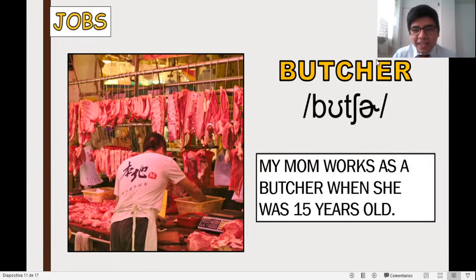You don't pronounce the T. The T is silent. And you pronounce this one because this is the schwa. Butcher. Okay? That's the correct pronunciation. Let me see. Yes, Renzo, Maria Isabel, very good. What else?